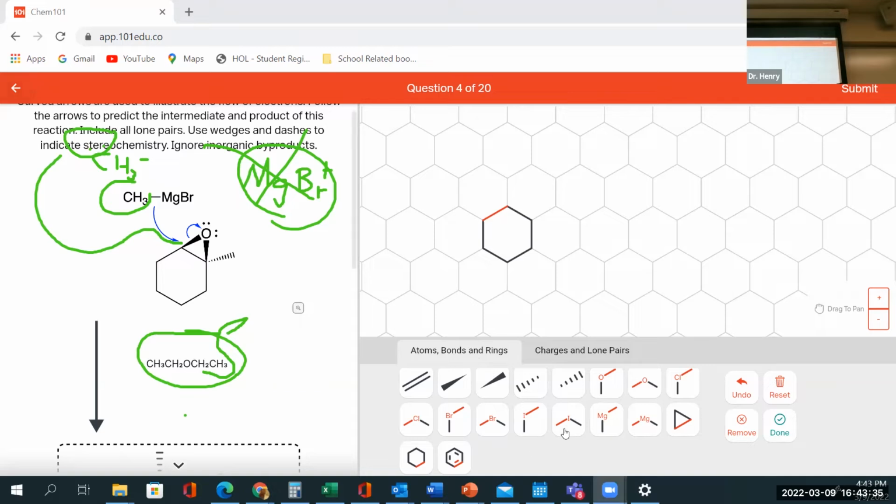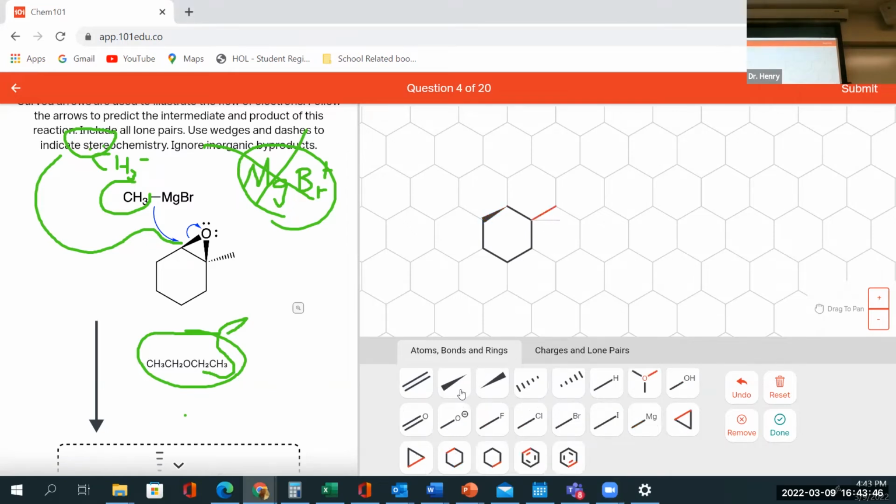Let me actually use the program, since I'm pushing it. Oops, wrong thing. Okay, and I want to put oxygen. If I press this, what? Oops, no, that's not what I wanted.